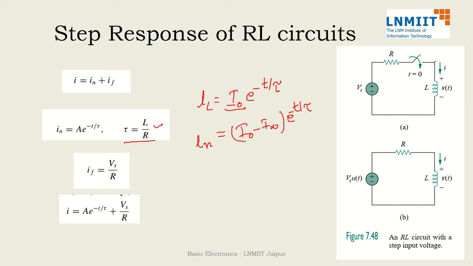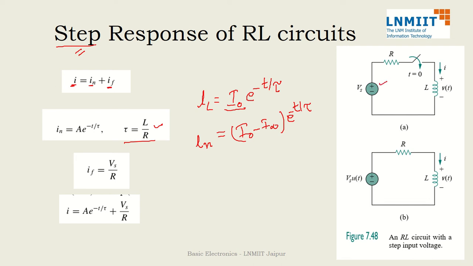So when I talk about step response or ramp response or any other signal which is connected, then the total response is given by I natural plus I forced or I steady state.